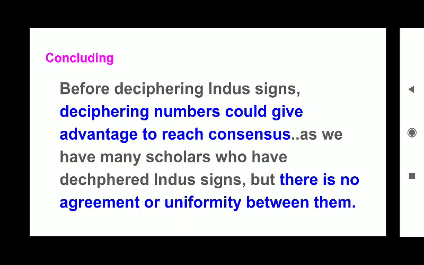And before deciphering Indus signs, deciphering numbers could give an advantage to reach consensus, as we have many scholars who have deciphered Indus signs, but there is no agreement or uniformity between them. When this presentation was made, one major question was asked, whether we have made any mathematical model. We have not made any mathematical model.